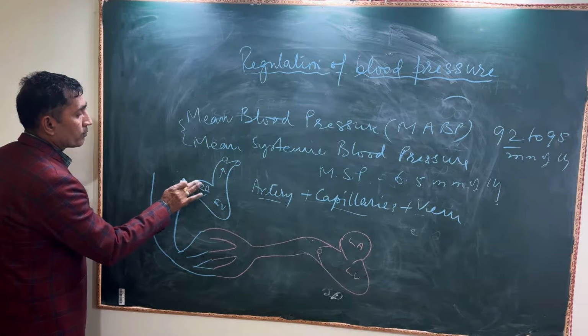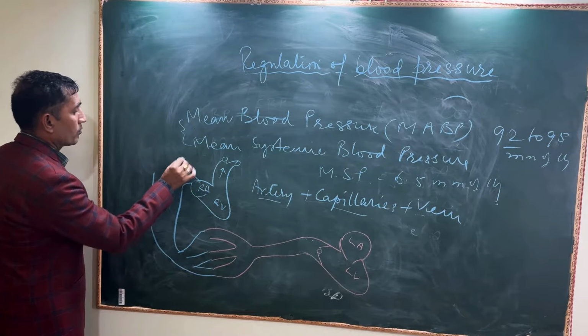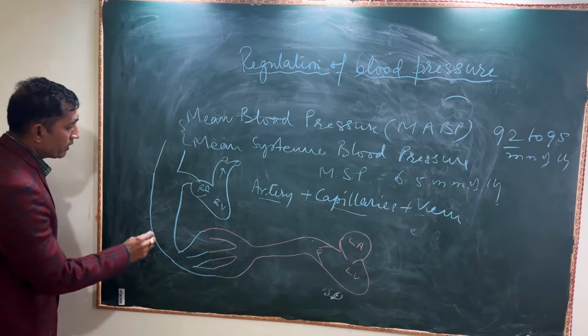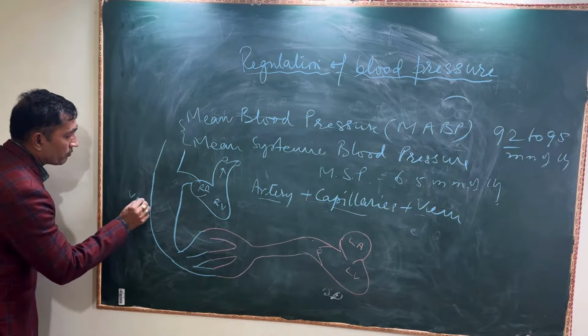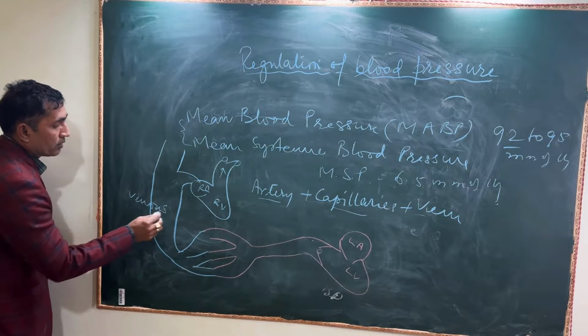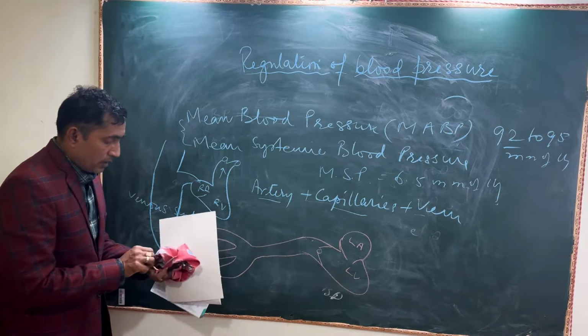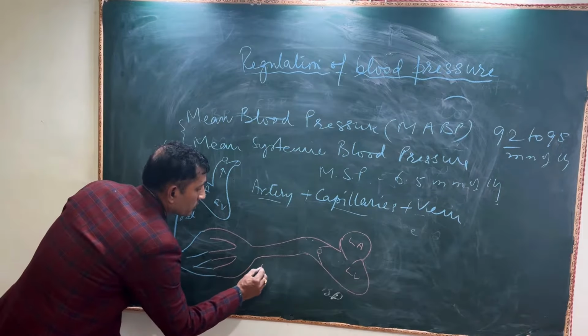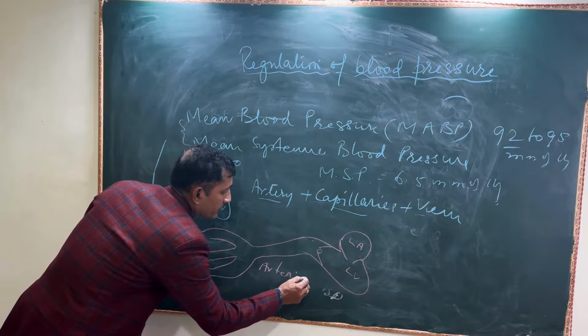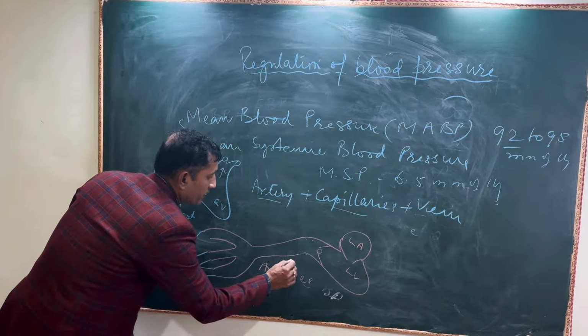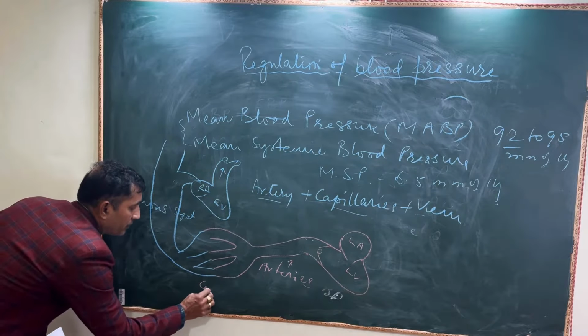So here we have the venous system, and this is the arterial system. This is the arteries. Major arteries are there, and this is the capillaries.